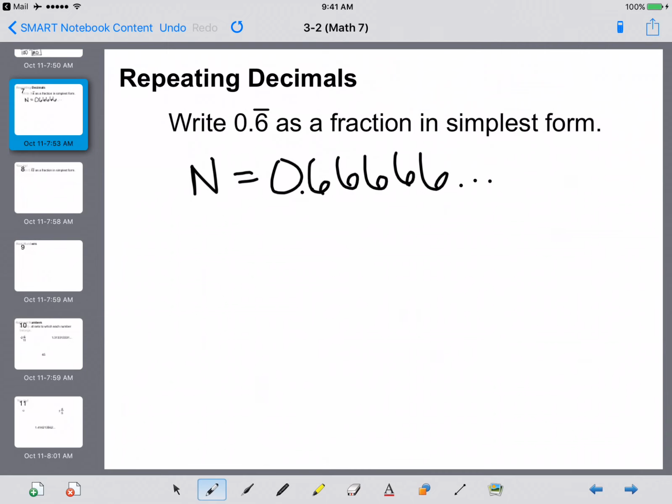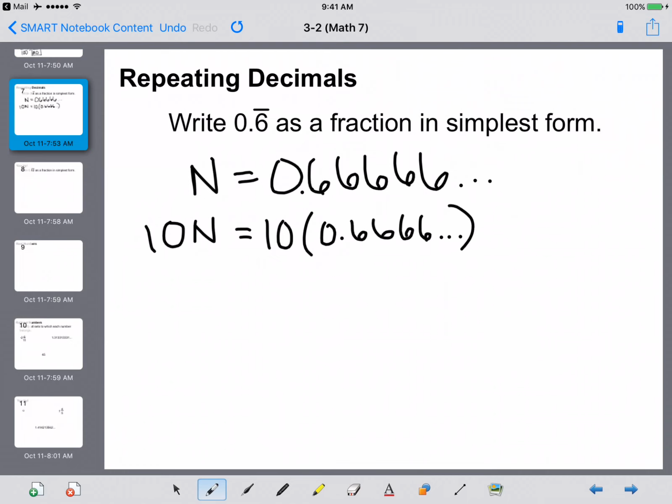Because of the multiplication property of equality, if I multiply 10 onto one side and 10 onto the other side, they're still going to equal one another. So now I have 10n equals, I'm going to distribute here. If I multiply by 10, my decimal is going to move over. So 6.666 going on forever.